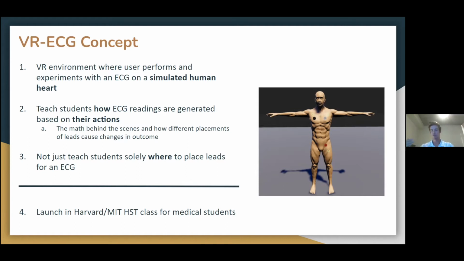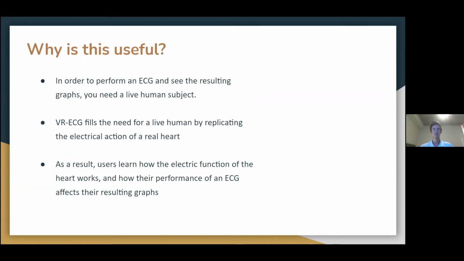They're also able to switch between disease data sets, healthy hearts, diseased hearts, and all sorts of different cardiovascular diseases, and really gain a better understanding of, if I move this lead here, or if I swap these two leads, what is this EKG really measuring about the heart, and try to understand in a spatial manner what's really going on based on how I perform this EKG and what's really going on behind the scenes.